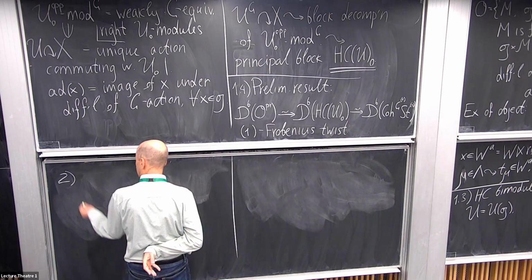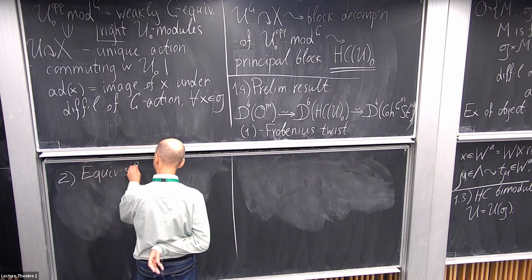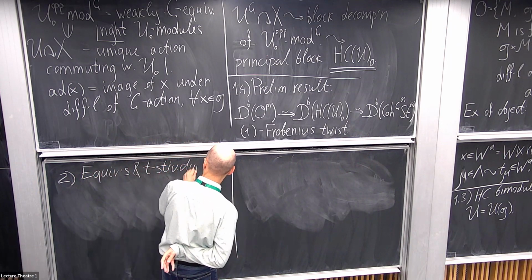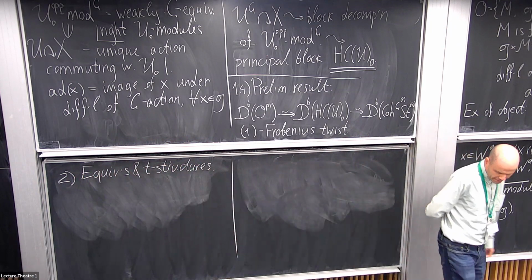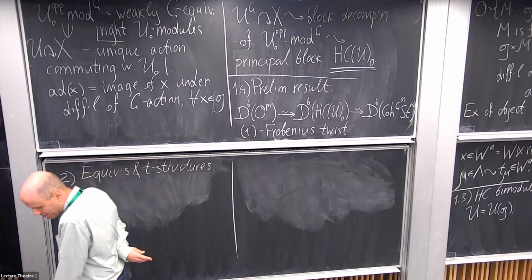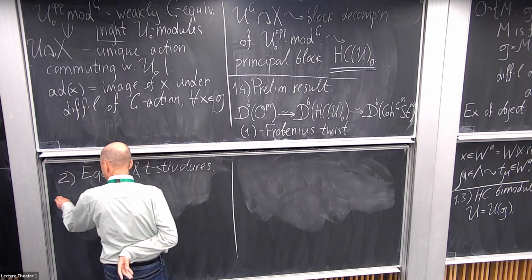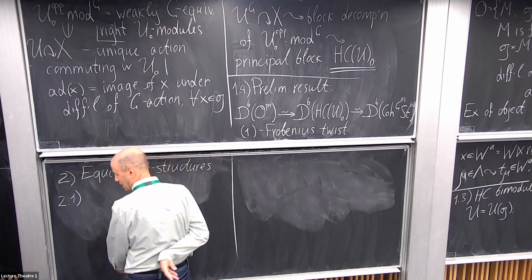All right, so the second part is about equivalences in t-structures. And I need to introduce another algebra, or another kind of structure, which is now going to be somewhat less clear.